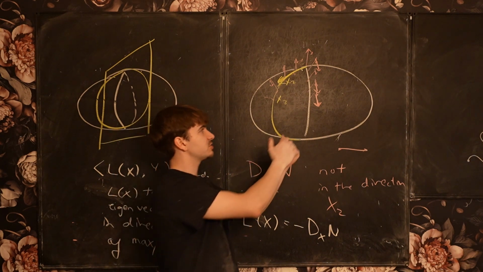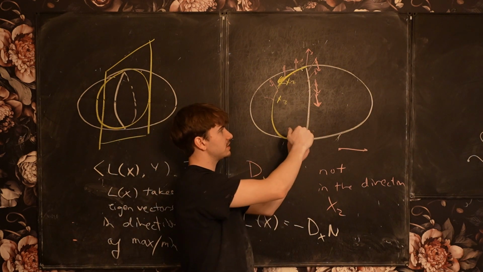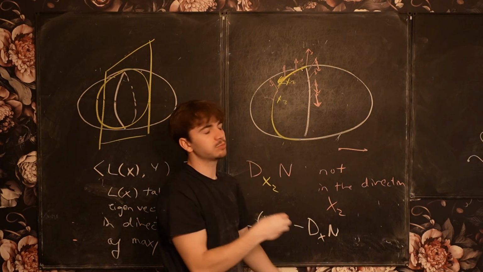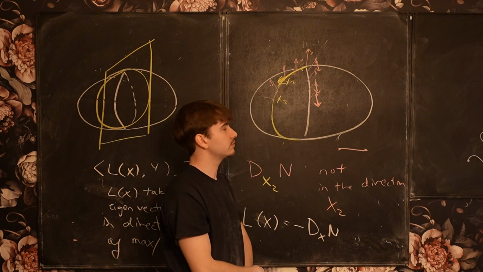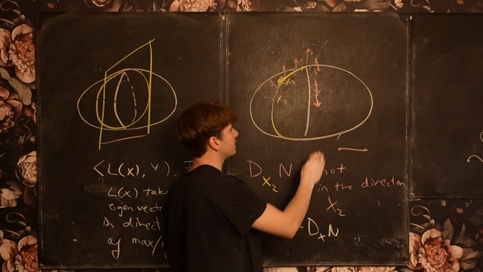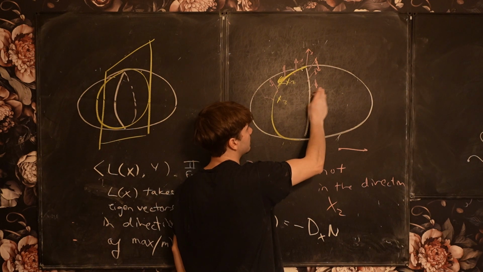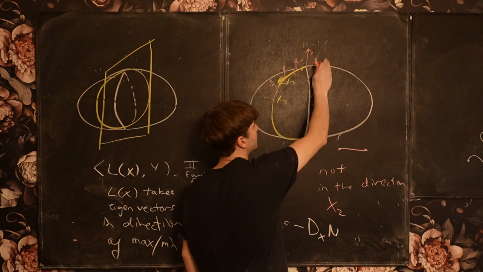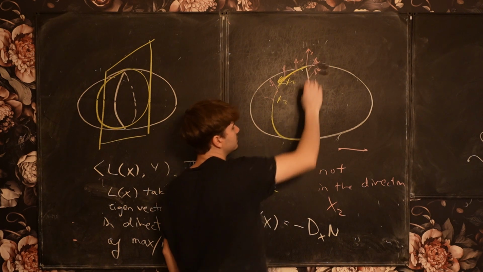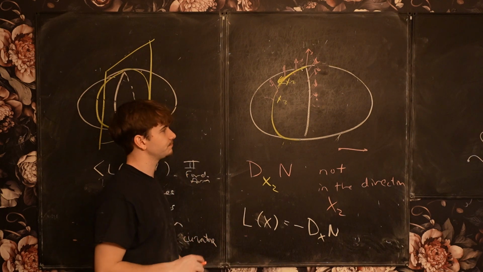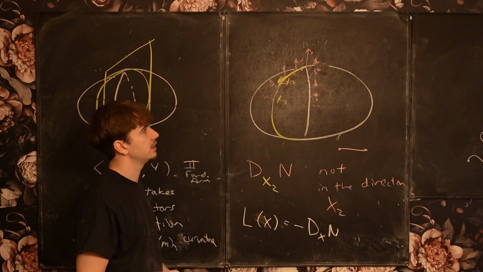Similarly, if we were to expand this direction of maximum principal curvature, that would result in the directional derivative of the normal vector getting smaller, and so that would decrease the magnitude of the determinant of the shape operator.